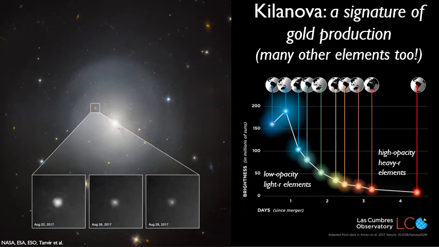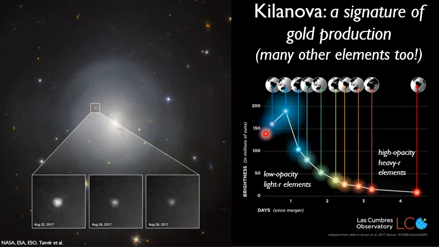I think macronova is an old one in the literature. But in any case, you can see these across the electromagnetic spectrum. So in the optical, for instance, you see this region get bright and then dim over the course of a few days here.